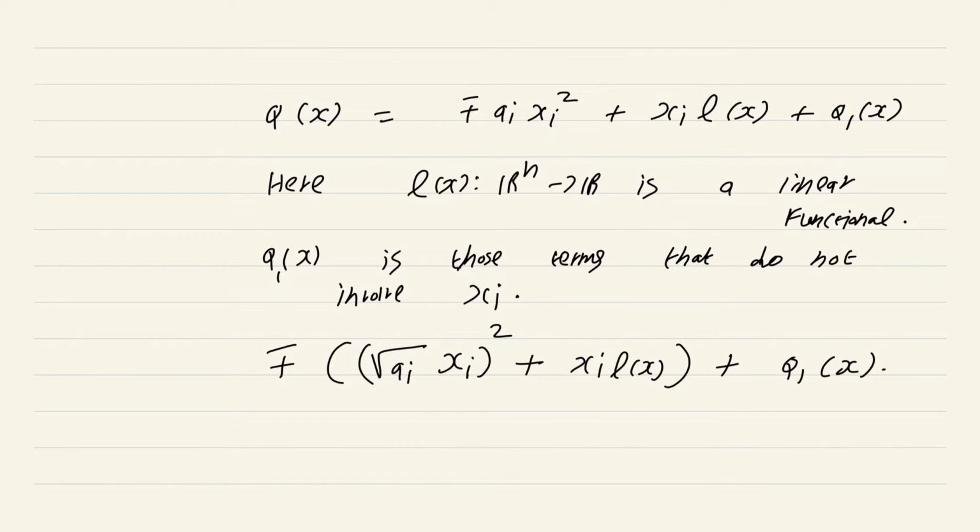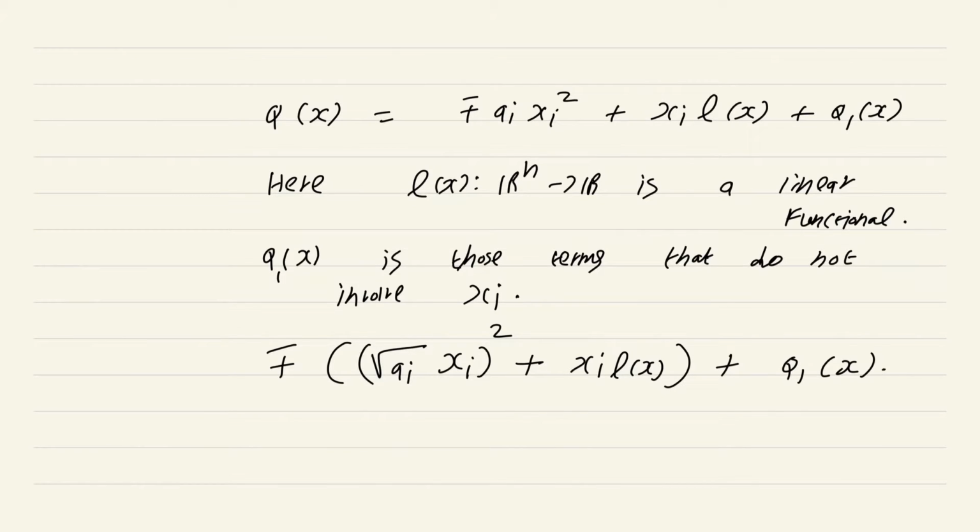This can be done. Once this is done, you complete the squares. What I want to do is write this term as a perfect square. So I need to add and subtract something to make this into a perfect square, and what I need to add and subtract is precisely L squared x by 4a. Think about why that is the case.